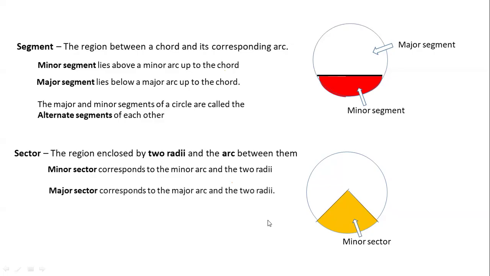If there is a minor, there should be a major also. So the major sector corresponds to the major arc and the two radii. This is a major arc and the two radii. This is the major sector.